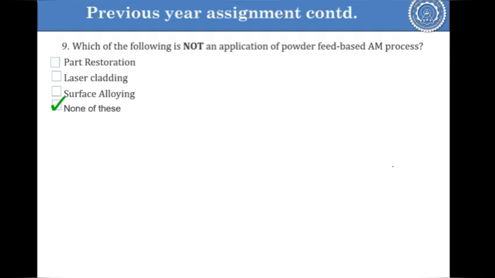Its part resolution is not that good, but part restoration is the most significant application of powder feed based cladding. Powder feed based AM is also known as cladding. Surface alloying is also one application of cladding.